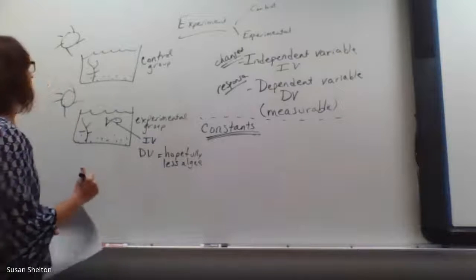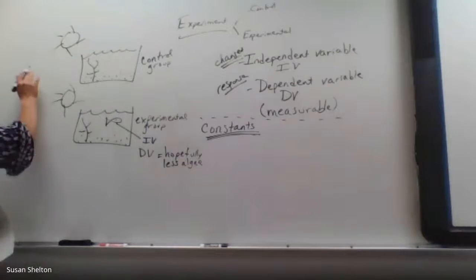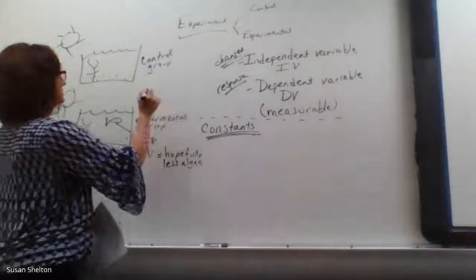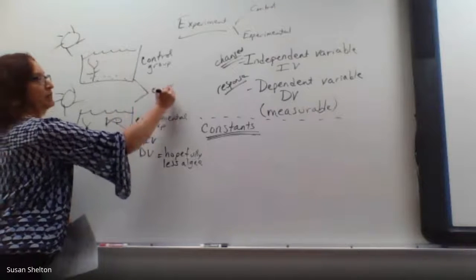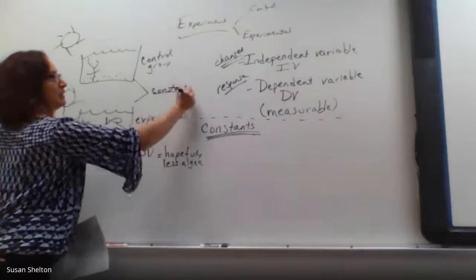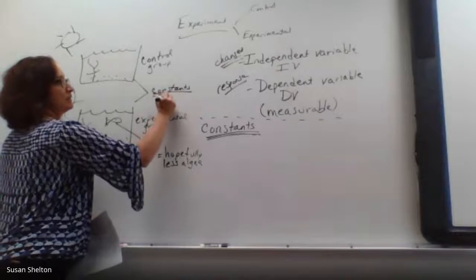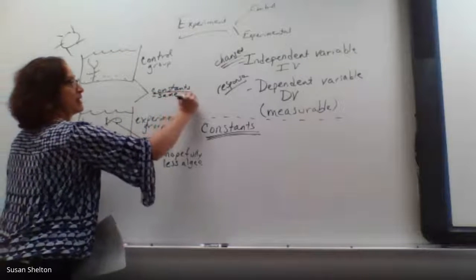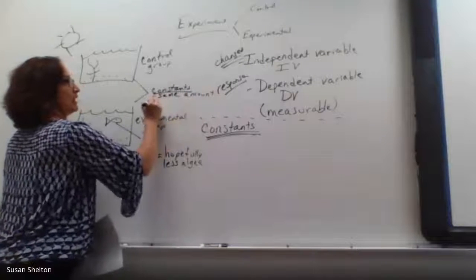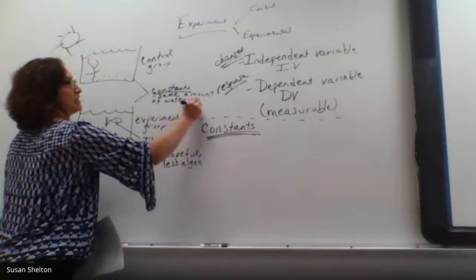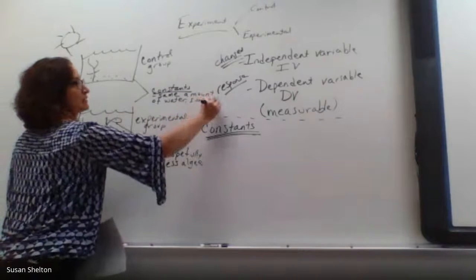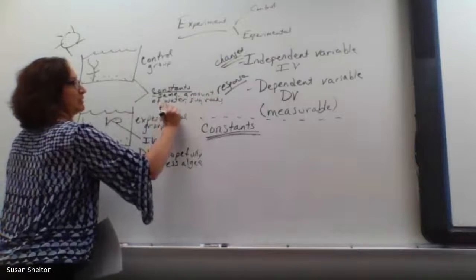Let's just write down, if I go over here, I better go like this. Both tanks have constants, which are the same. It says same amount of water, sun, rocks, and plants.